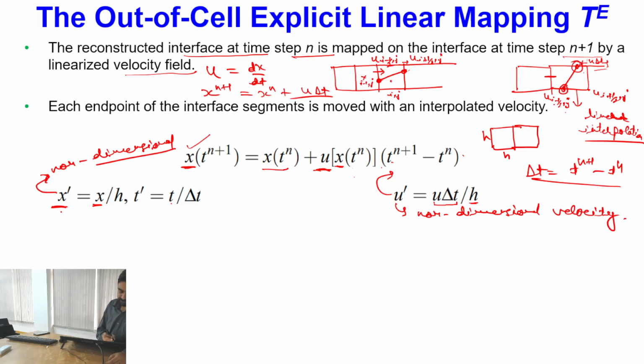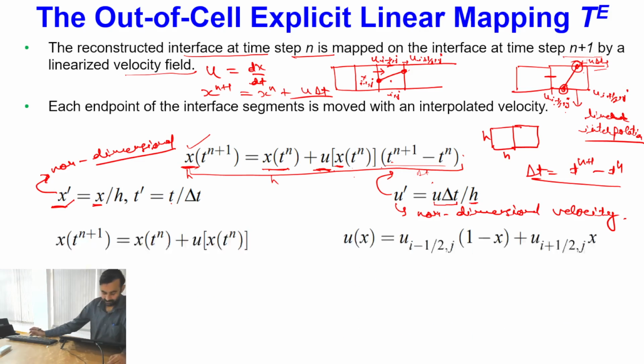So now if I employ all these non-dimensional quantities in this equation, what will I be getting? I will be dividing x by h, t by delta t, and for u I will be using u delta t by h.